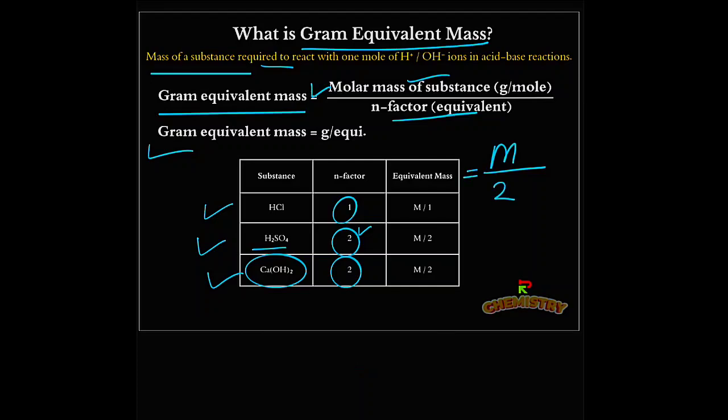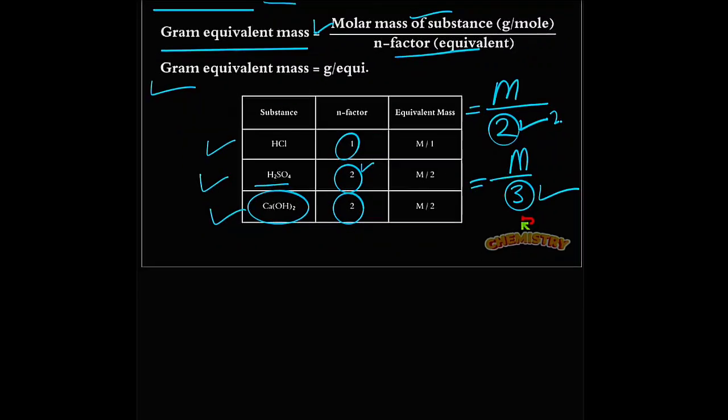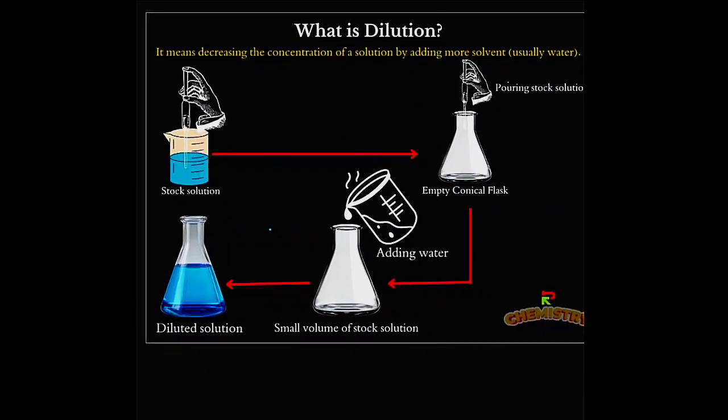And for aluminum hydroxide, we divide the molar mass by 3, because the equivalent or N factor for aluminum hydroxide is 3, and for H2SO4, sulfuric acid, it is 2. So this is basically gram equivalent mass. Okay, let's move to the next slide, which is dilution.